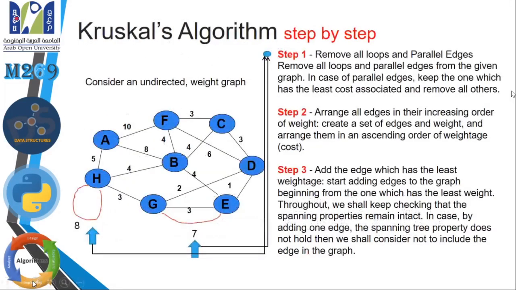Let's start. Again, you have a graph. Now you will calculate the minimum spanning tree. Rules. First rule, step 1, very important: remove all loops. Do we have loops? Yes, we have. That is a loop. Remove it. Forget about it. And parallel edges.